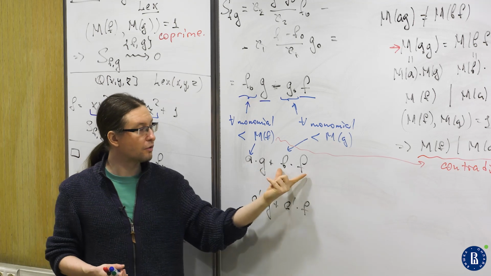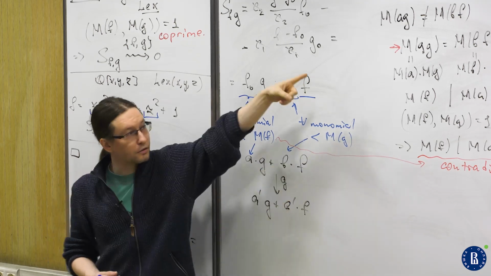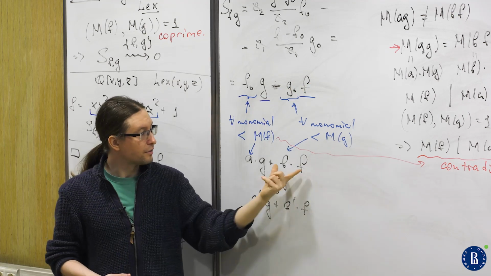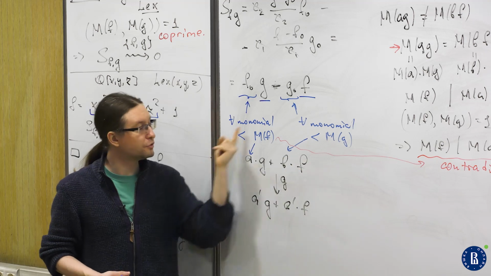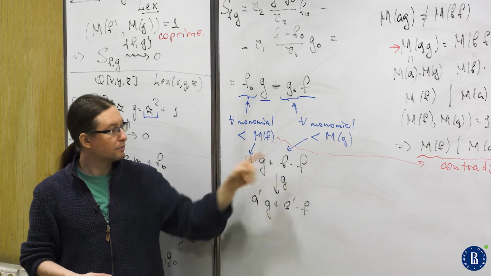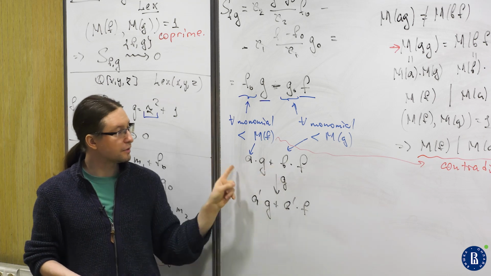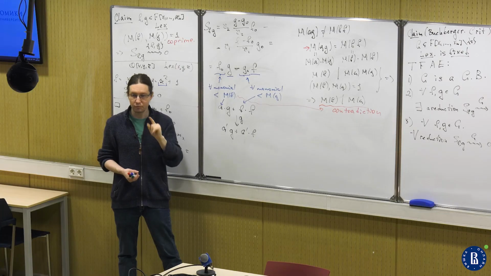If the leading monomial of the second summand is higher, then it cannot be cancelled here because of that statement. So it's present in the whole summand, and you can reduce the whole summand by f. So in either case, you can reduce this expression by g or f, at least once.